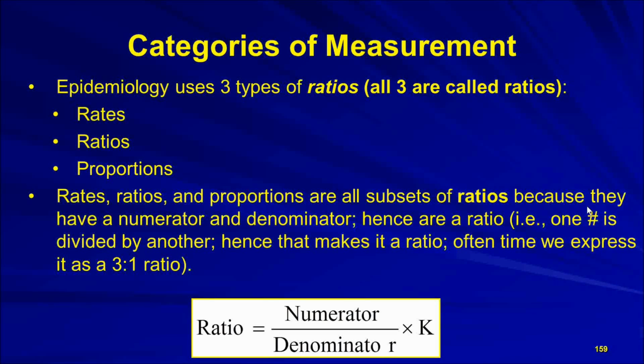Every problem that you will read will talk about we want to compute a ratio, and people jump to the fact that it's B that they're being asked to compute. No, ratio is just a general category, and yes, you may be asked to compute a ratio, but it's going to have a numerator, a denominator, times k to the nth power. Okay.